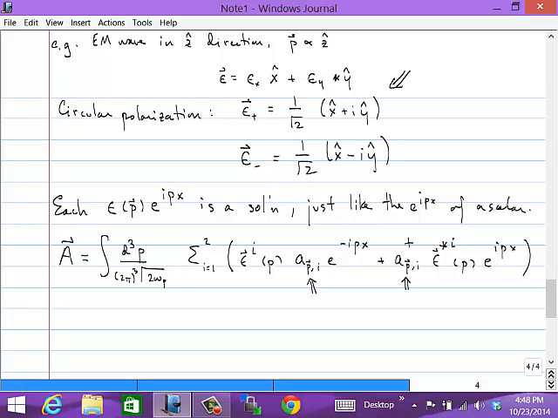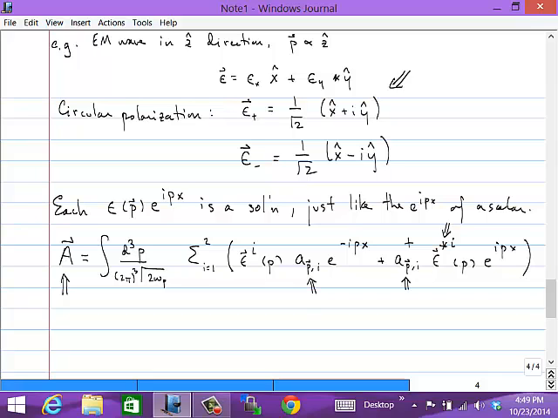In particular, these two operators have to be Hermitian conjugates of one another: a p dagger is the Hermitian conjugate of a p, in order for this operator A to be a Hermitian operator. That's also why I took this complex conjugation here, to make sure that A is a Hermitian operator.